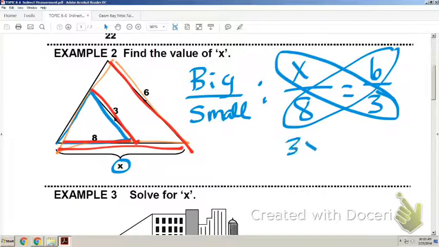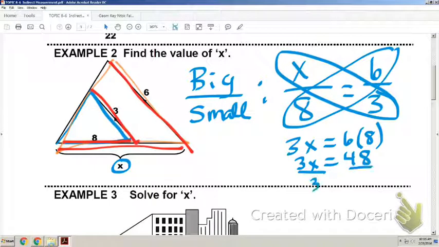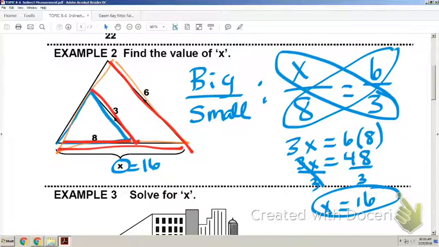So I have 3x equals 6 times 8, which is 48, divide by 3, and 48 divided by 3 is 16. So x equals 16, the missing side of the largest triangle.